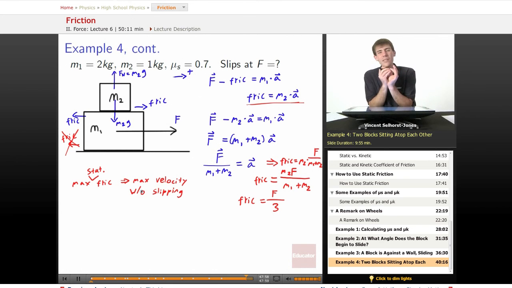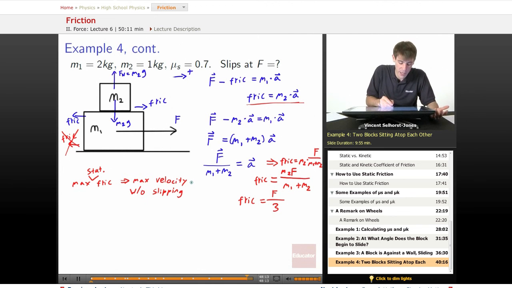If we just go over just a hair, just 0.000001, an infinitesimally smaller amount over, we're suddenly going to start to slip. So the maximum static friction is equal to the maximum force, maximum acceleration. Actually, I shouldn't have said velocity, maximum acceleration.